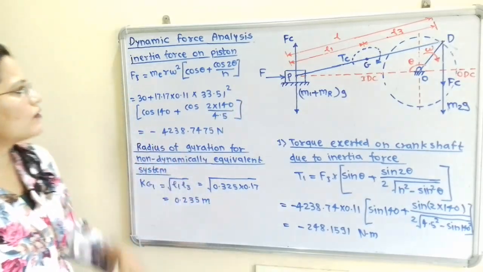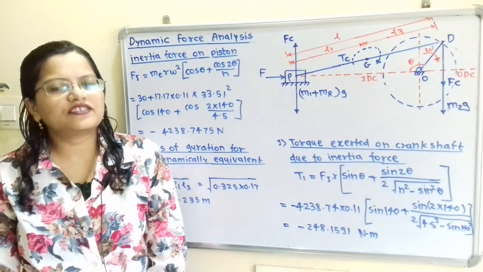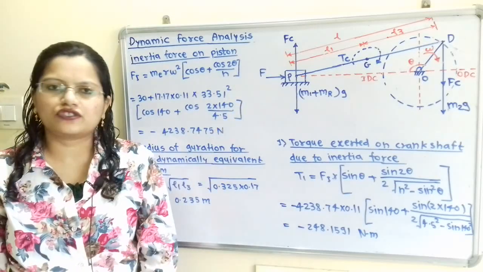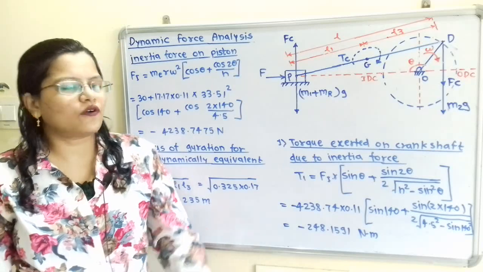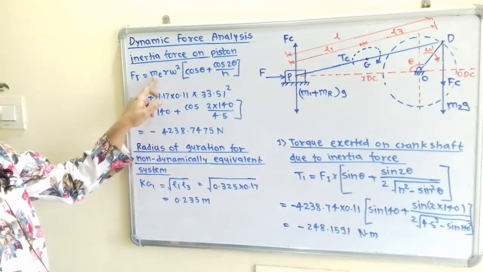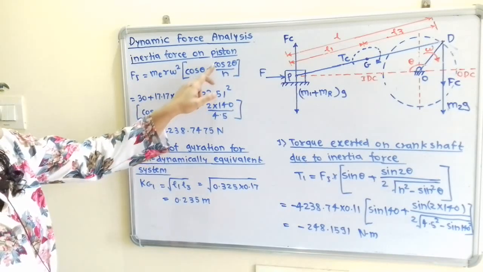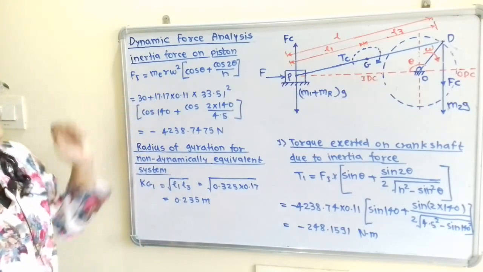Now we have to calculate inertia force on the piston. So we know that the inertia force always acts in the opposite direction to the direction of the motion. So first we will calculate the inertia force on the piston, that is Fi. So what is the formula? That is equivalent mass me r omega square into cos theta plus cos 2 theta by n. So why is equivalent mass here?